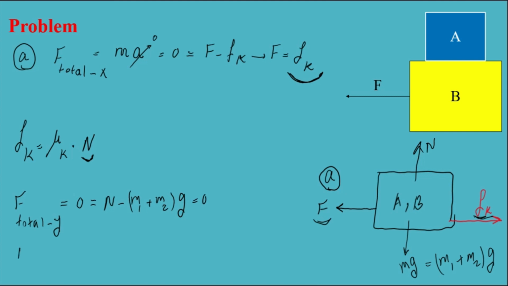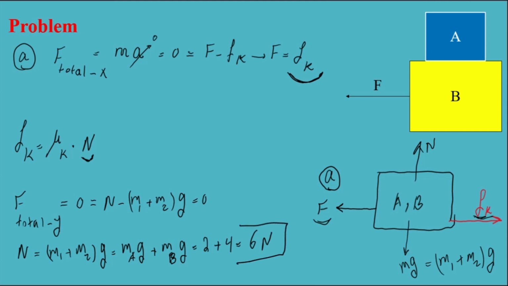So then n is equal to (m1 plus m2) times g, which is m1g plus m2g. And it's given in the problem, so I'm going to substitute A and B. It's going to be 2 plus 4, which is 6 newtons. So my n is equal to 6 newtons.